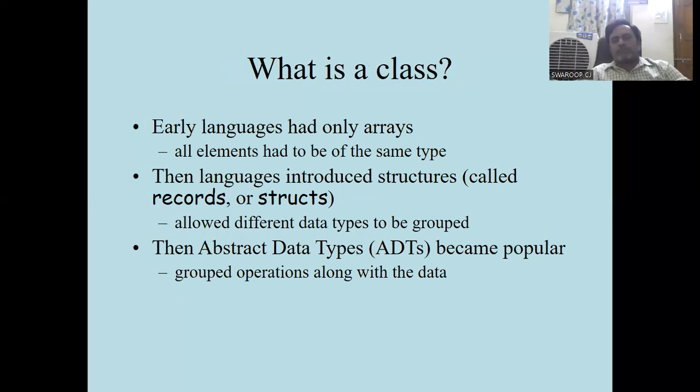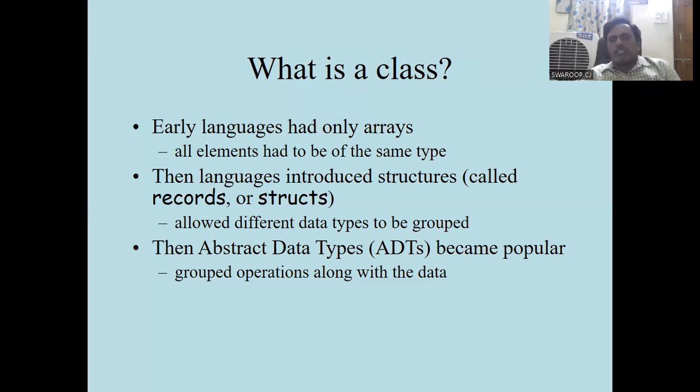So here, what is the class? Generally we have the concept of arrays, where we can store more than one character or more than one element. In C, we have the concept of structures and unions, which help us store a record.